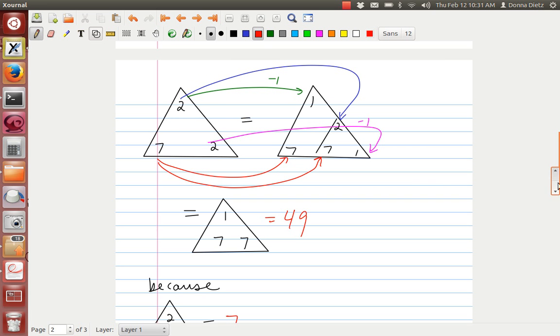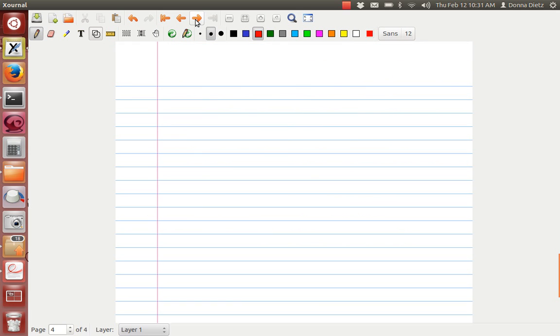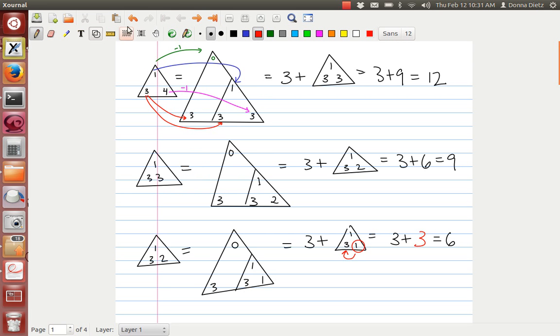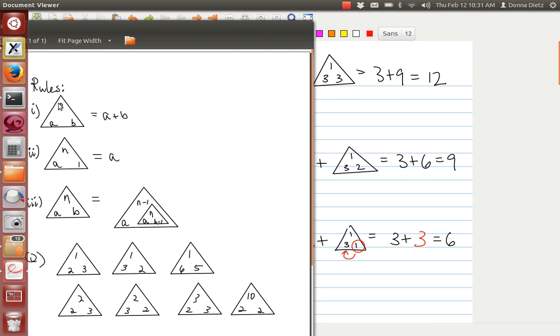And eventually, what I'm expecting is you should be able to tell me the following. Can you give me a mathematical expression that tells me what this does all the time? We already know from the rule, the rule is over here, if there's a 0 at the top, then we're adding the other two corners.